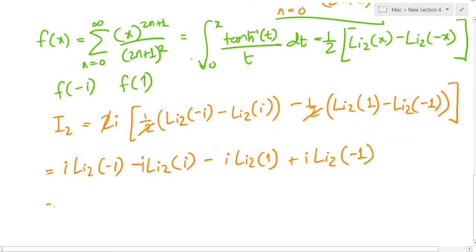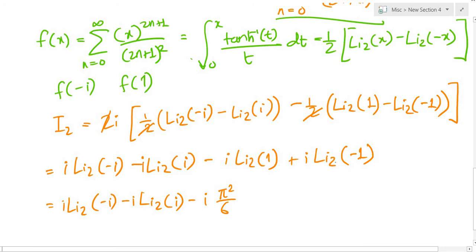So we are going to be keeping the first two terms as they are: i times the dilogarithm of negative i minus i times the dilogarithm of i, minus i times, what's the dilogarithm of 1? Well, that's the Riemann zeta of 2, right? And that's pi squared over 6. And what's the dilogarithm of negative 1?